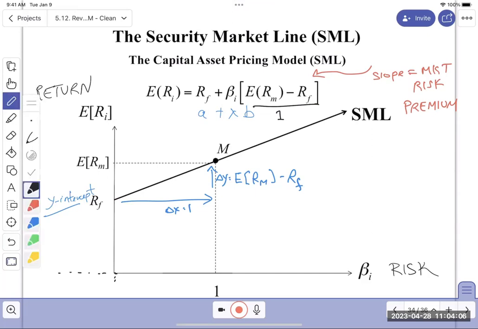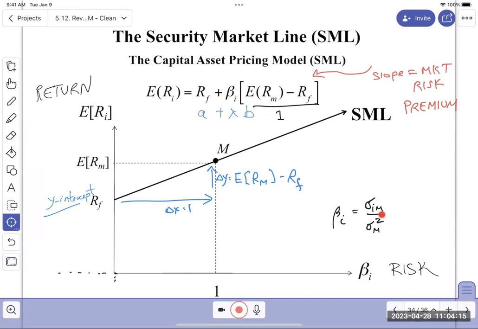Let's think about it in terms of the beta formula. A negative beta means that the asset is negatively correlated with the market. So when the market does poorly, this asset does well. Do you know of any assets like that?